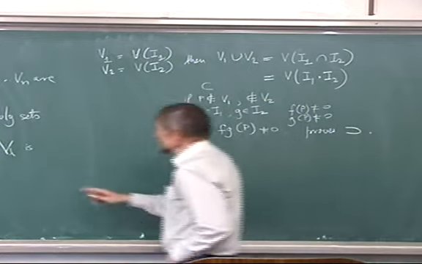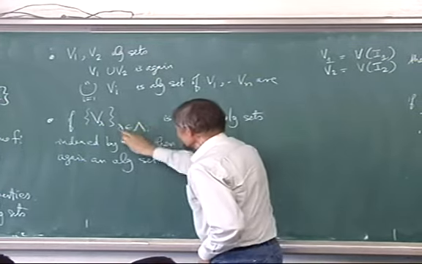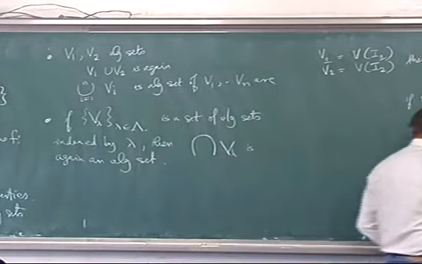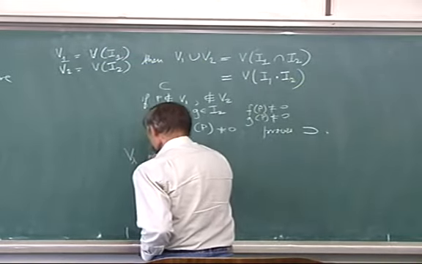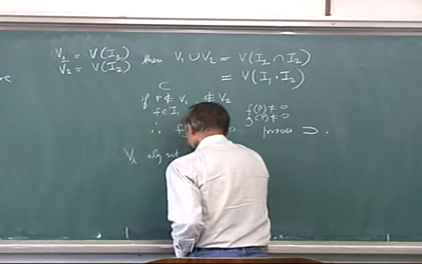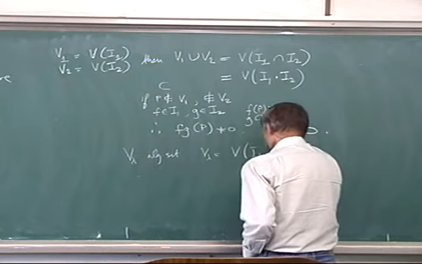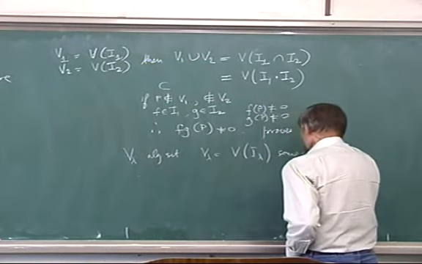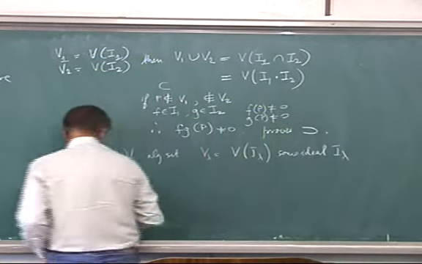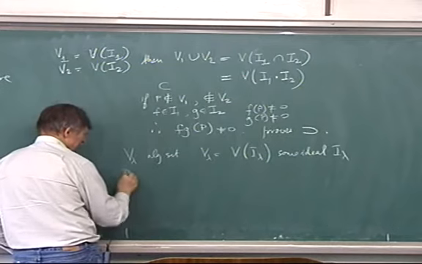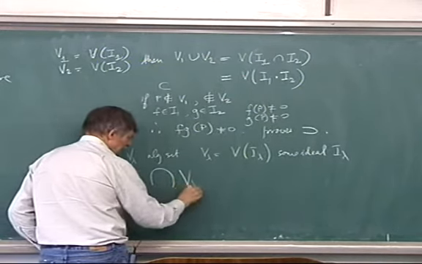Okay, and this one, why do I need this notation of infinite sets? So if V lambda is an algebraic set, it means that V lambda is V of I lambda, for some ideal I lambda. So what does it mean to say that P is in the intersection of V lambda?